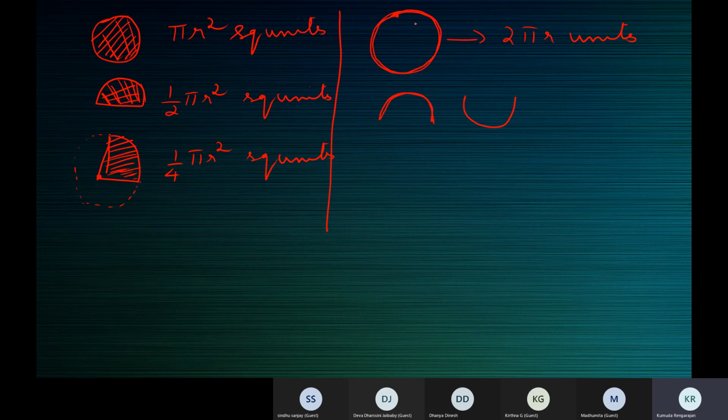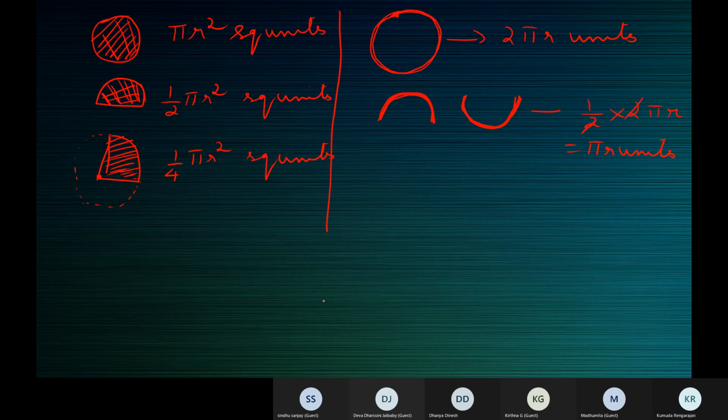The length of each of these halves will be half of 2 pi r, so pi r units. So pi r units is the length of only this arc. Is that fine?